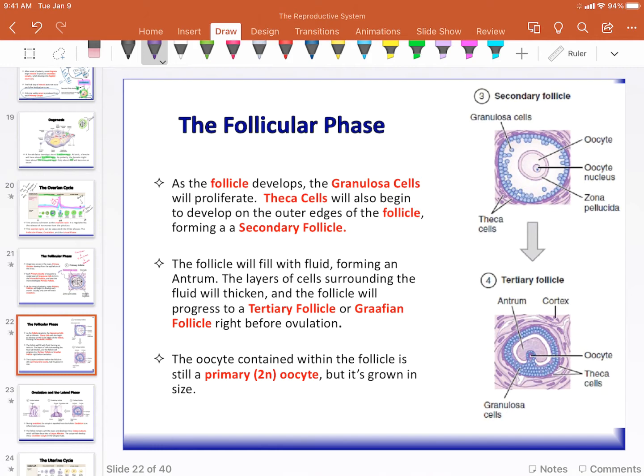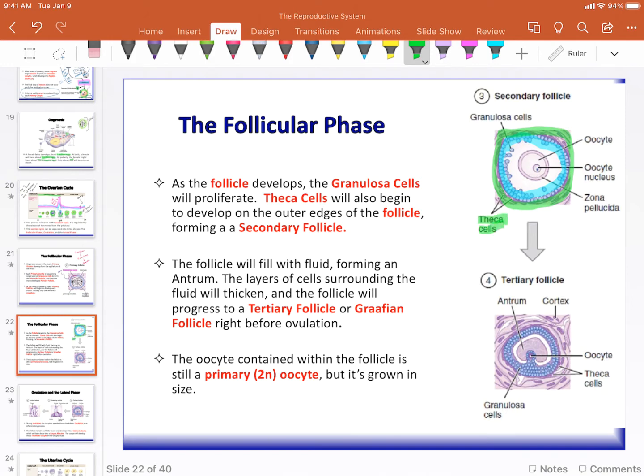And they're also going to differentiate into first my granulosa cells, that's what they are in the center here. But also we're going to start getting the development of these cells on the outer rim called theca cells.